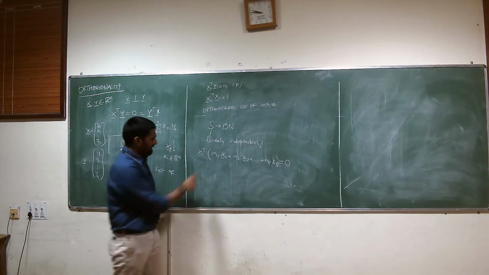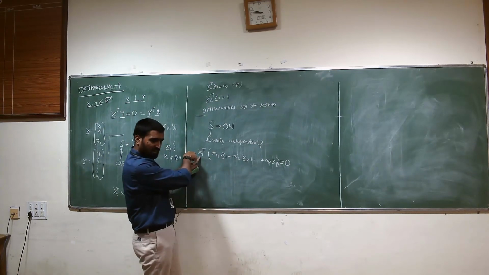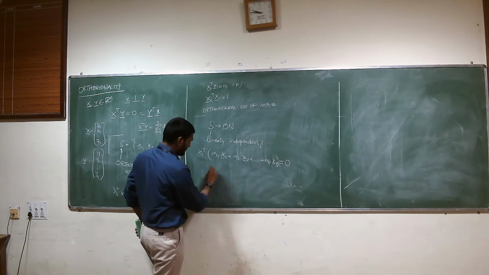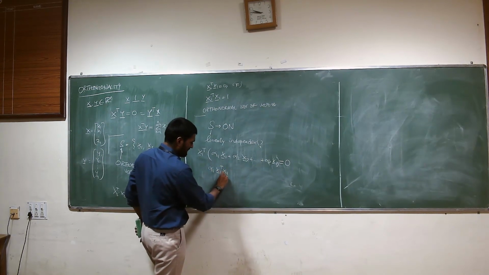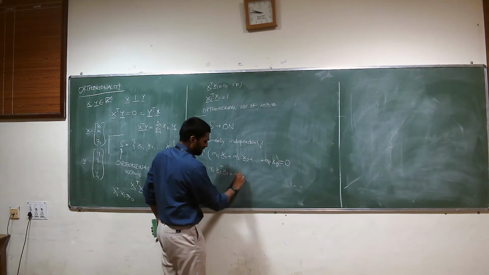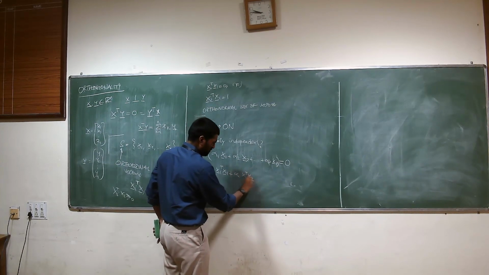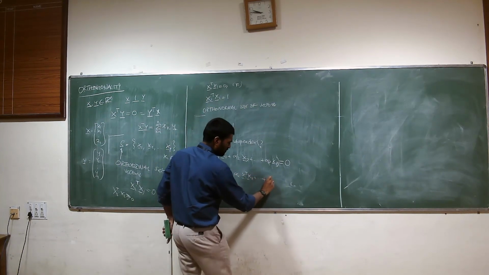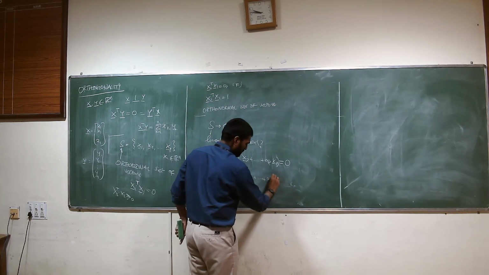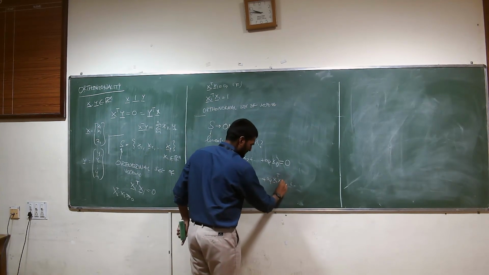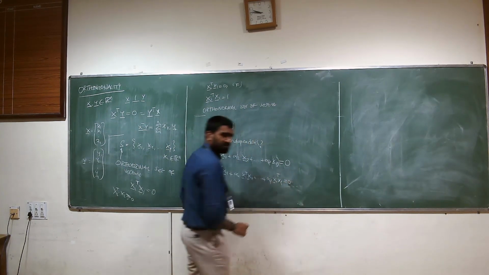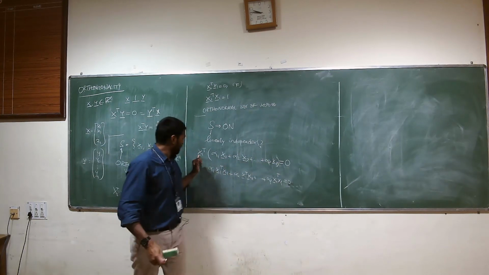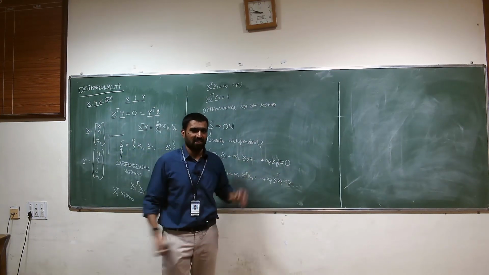For the inner product, the scalar can come out. So this will be alpha 1 x1 transpose x1 plus alpha 2 x1 transpose x2, and so on, to alpha p x1 transpose xp, and this will still be equal to 0, because if I multiply the row vector by 0, I get 0.